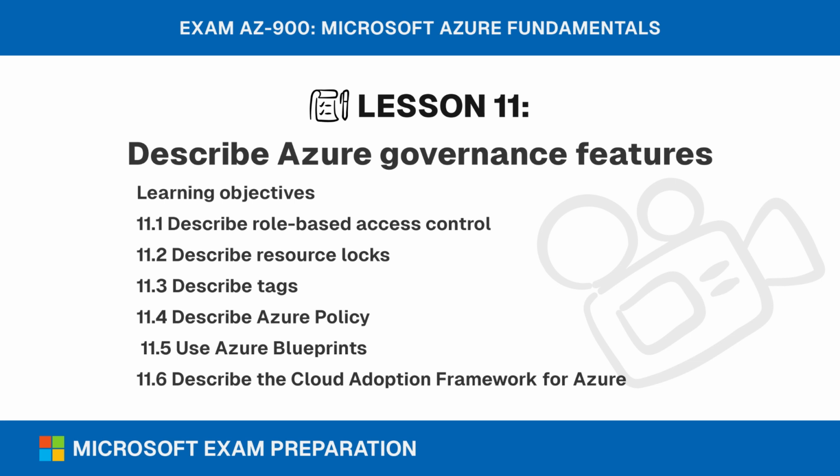We'll talk about tags for resources, and you'll find out about Azure policy to control the way that others who have access to your Azure resources can interact with them. We'll talk about how you can create easily reproducible environments using Azure Blueprints. And we'll wrap up the lesson with a discussion of the Cloud Adoption Framework for Azure.